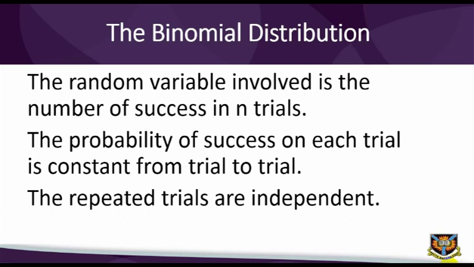That is, if we assume that the probability of voting for, P, is equal to 1/2 and the probability of voting against, Q, is equal to 1/2, then P and Q are constant from trial to trial. 5. The repeated trials are independent because all the voters can vote at the same time. The question now is, how do we compute this probability? This leads us to the next unit.